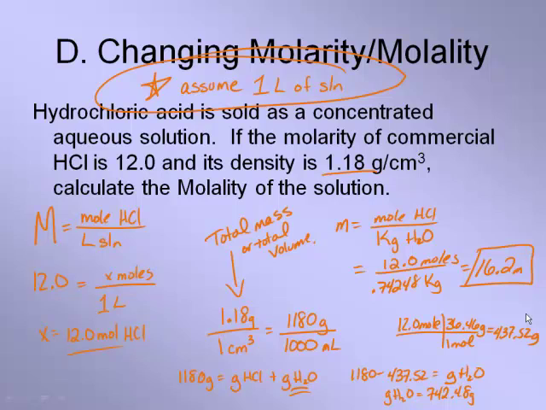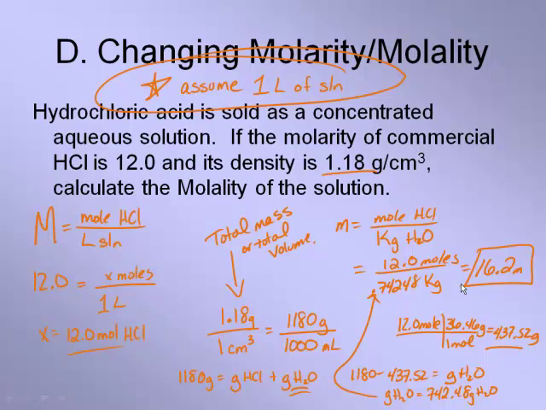I'm going to use that information to find my water. I used my moles, which I calculated over here, to find the grams of my solute. Used the grams to find my grams of water. I then took that information, plugged it up here, and that helped me solve my molality.